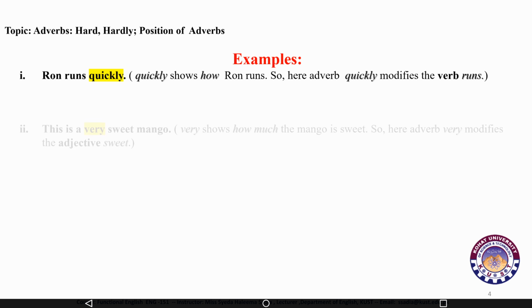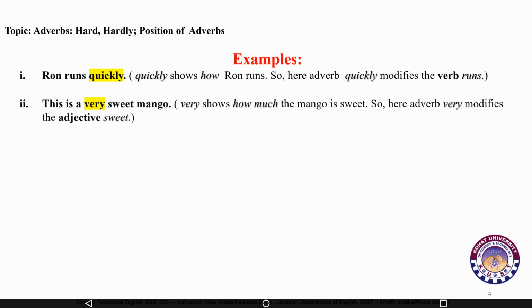Moving on to the second one: this is a very sweet mango. If we remove the word very, we are left with: this is a sweet mango. So sweet is modifying the noun mango, so sweet is an adjective.